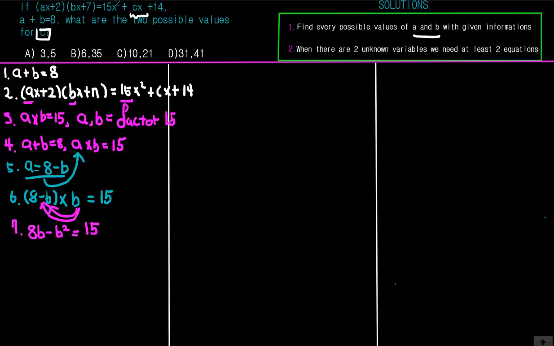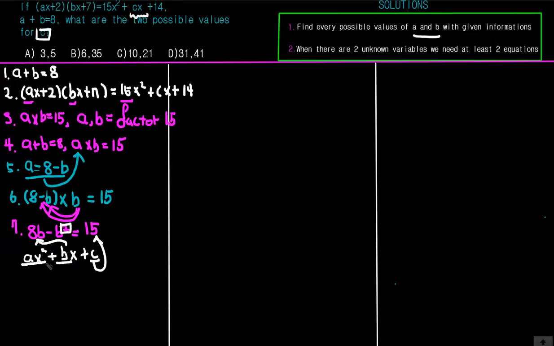If you look at our equation, we can say that it is a quadratic, since the biggest exponent in this equation is 2. We can remember the basic format of the quadratic equation, which is ax squared plus bx plus c, where c is just a constant, in this case 15, and the b is the coefficient of the linear term, which is 8b in this case.